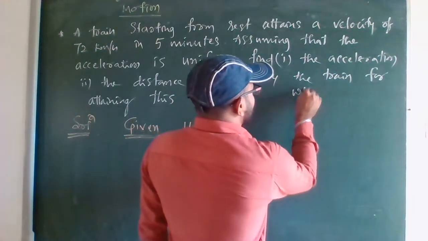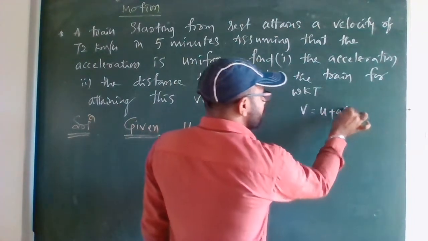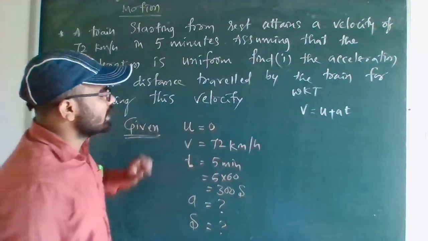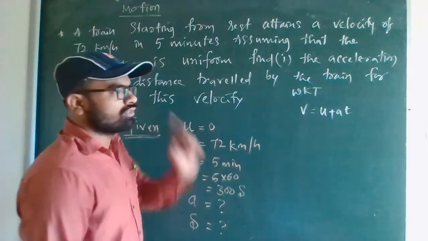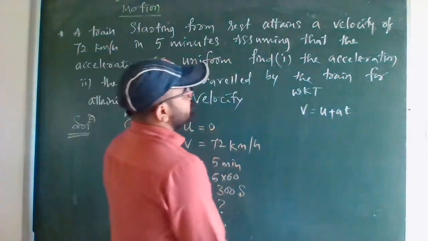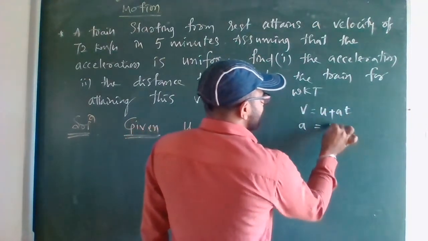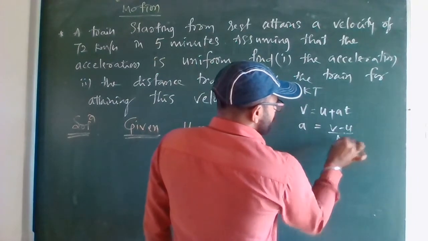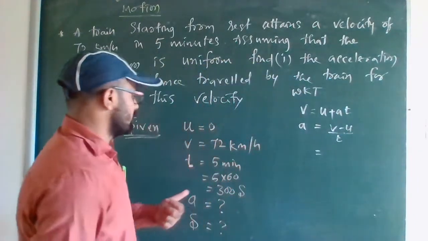We know that v is equal to u plus at. We know v is 72 km/h, u is 0, t is given, so we can find a. So a is equal to v minus u by t. What is my v? 72 km/h. T is in seconds.